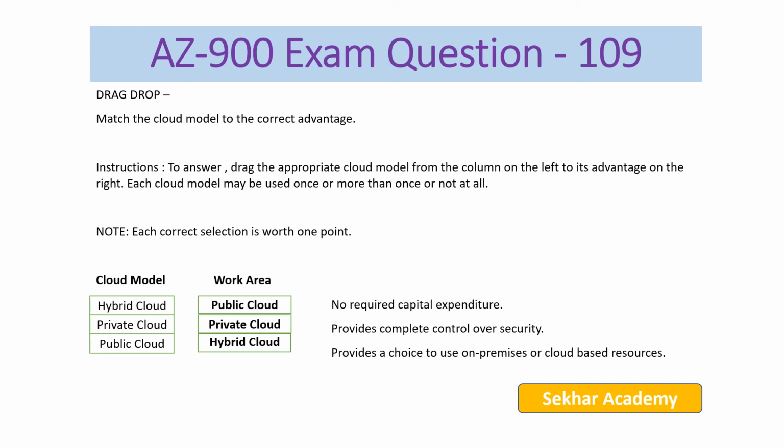If you consider the private cloud, it's completely organized and the security is maintained by the organization, so private cloud is the only cloud model here. And the last one, provides a choice to use on-premises or cloud-based resources. Here we have on-premises and cloud-based resources, so two cloud models are being considered. In that case, the right answer is the hybrid cloud model.